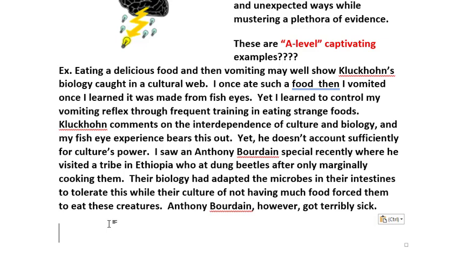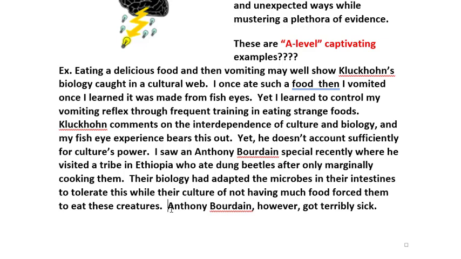I saw an Anthony Bourdain special recently where he visited a tribe in Ethiopia who ate dung beetles after only marginally cooking them. Dung beetles live in feces, basically, of other animals. So they're pretty disgusting, but their biology had adapted the microbes in their intestines to tolerate this, while their culture of not having much food forced them to eat these creatures.